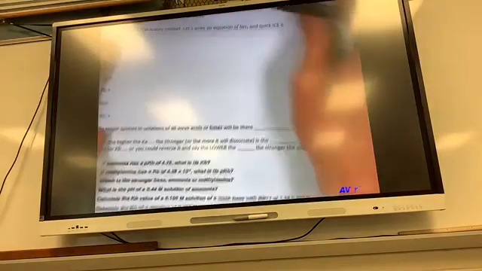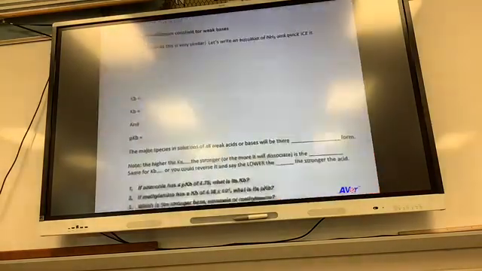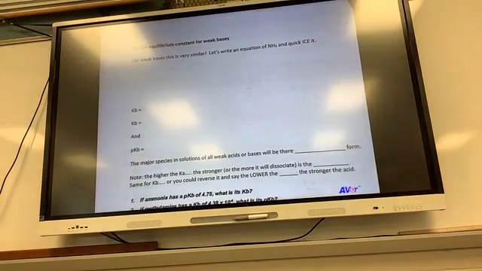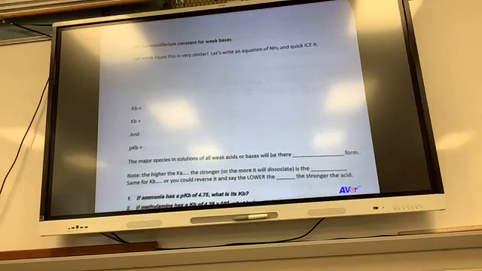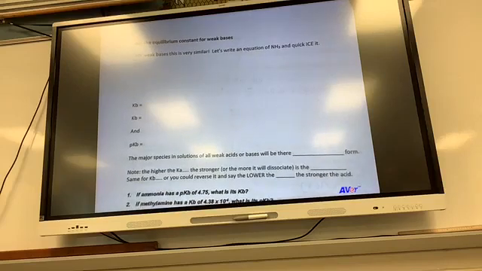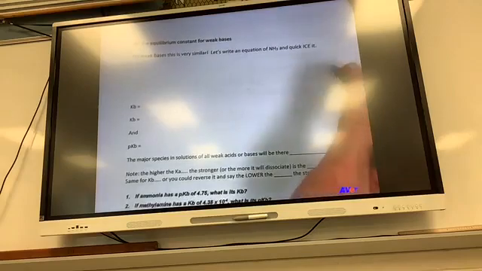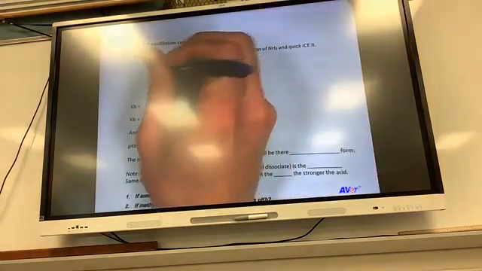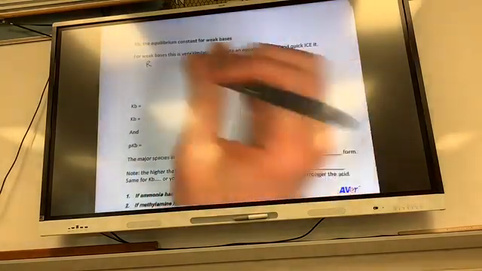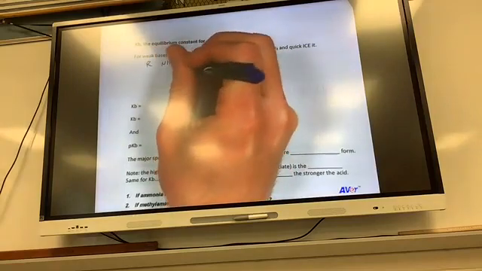All right, now Kb. The good thing is Kb is the exact same expression, the same form, just with OH. So NH3, my reaction: NH3 aq.